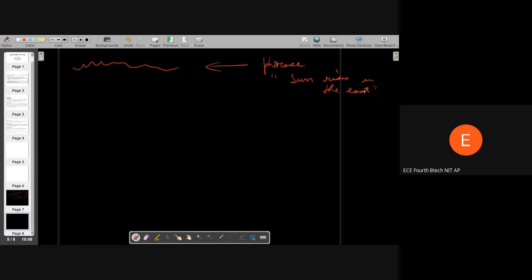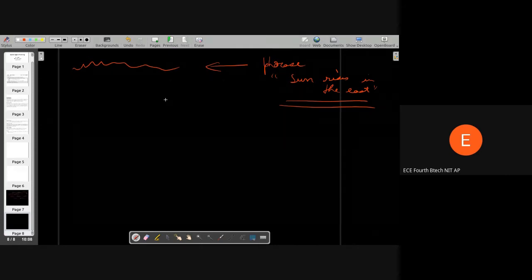Now, your objective is to identify this phrase or sentence whenever it is spoken, by whoever it is spoken. We are not concerned about who is speaking, we are just concerned that this phrase is being uttered.